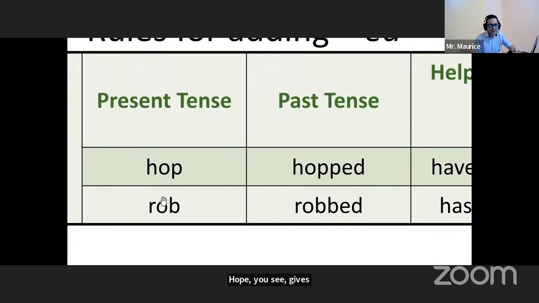Cuando son monosílabos, comúnmente se duplica la última letra, como usted lo ve. Se duplica la última letra y añadimos ed. You see? Hop, hopped. Rob, robbed. Period. No more. Let's practice. Practiquemos.